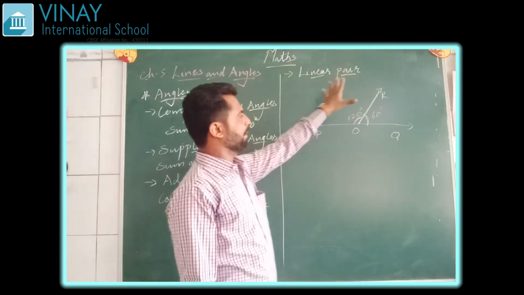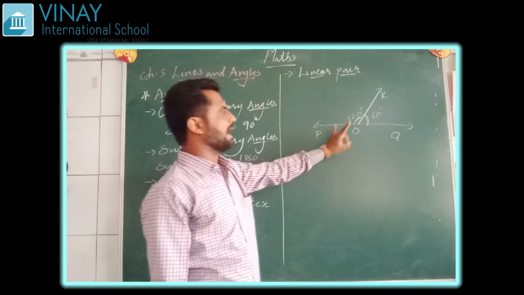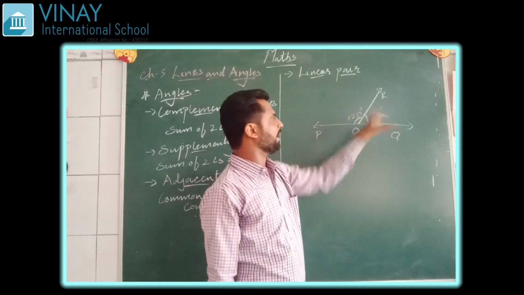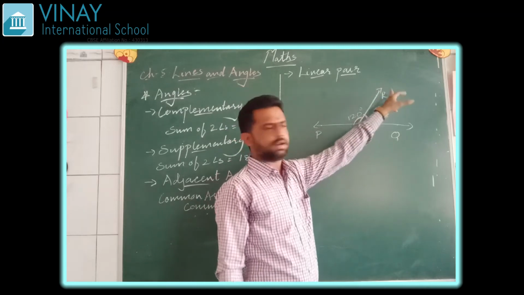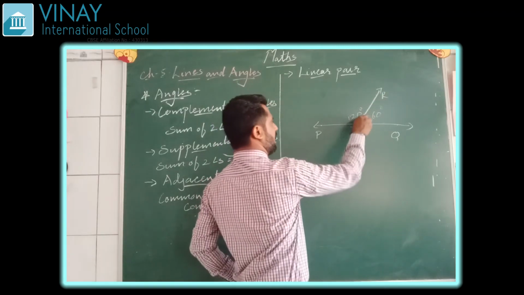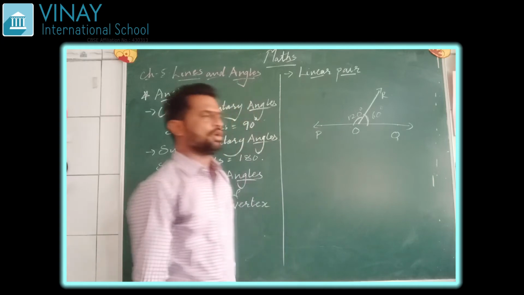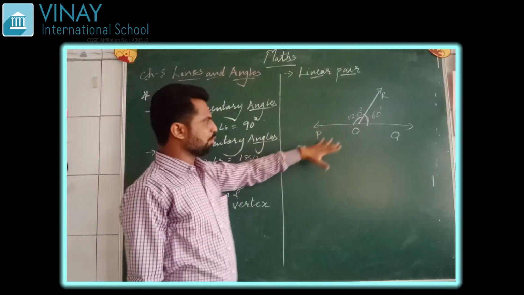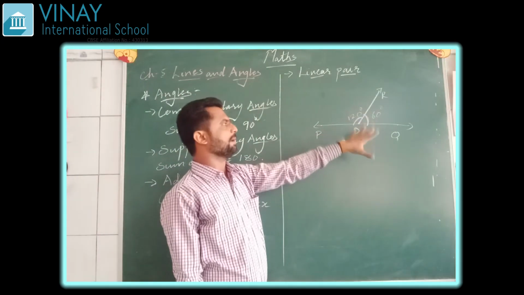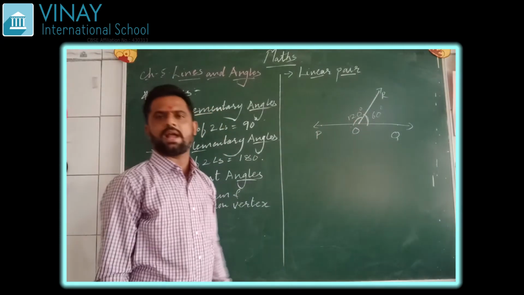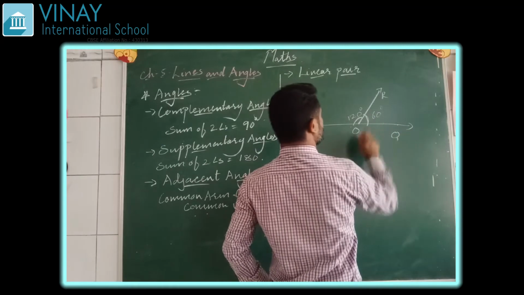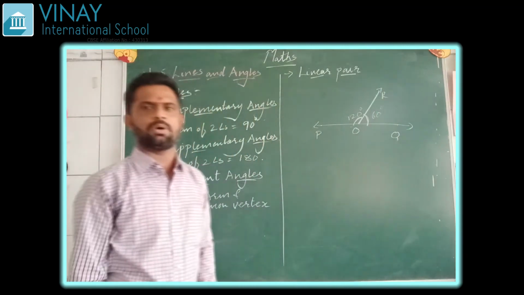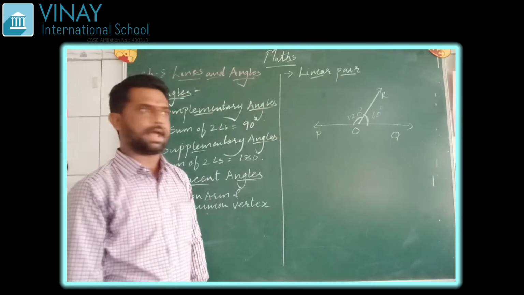I am repeating it. If two adjacent angles, here angle POR is adjacent to angle QOR, and in the same way they are supplementary angles also. So when two adjacent angles are supplementary, they are known as a linear pair.